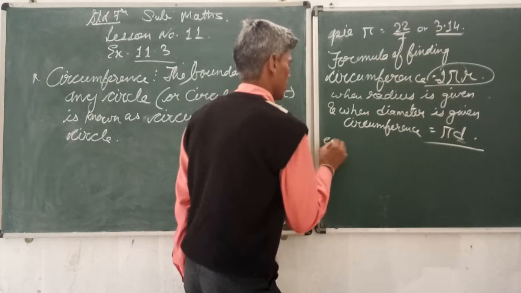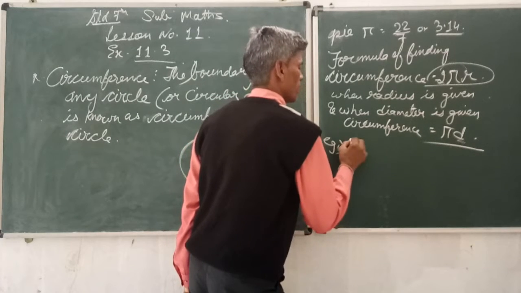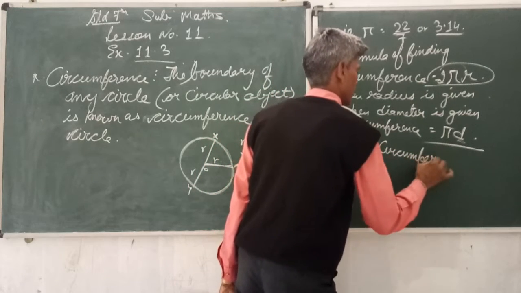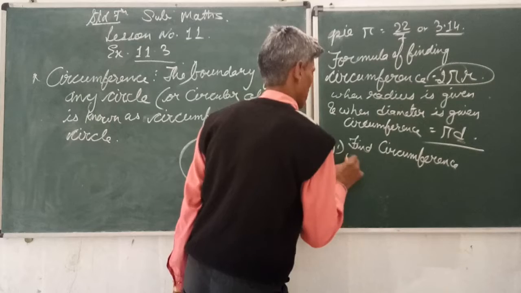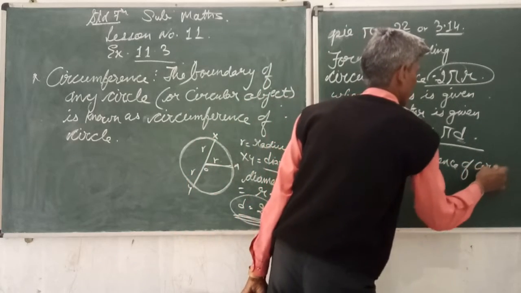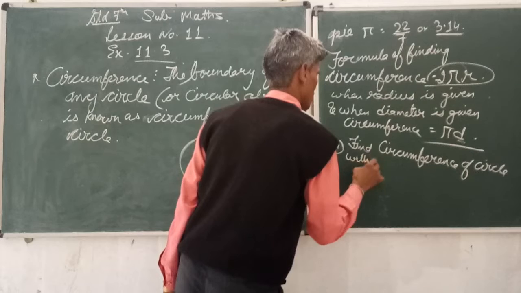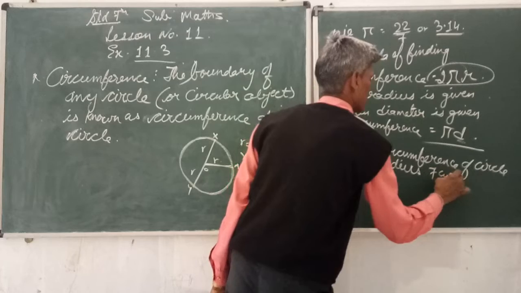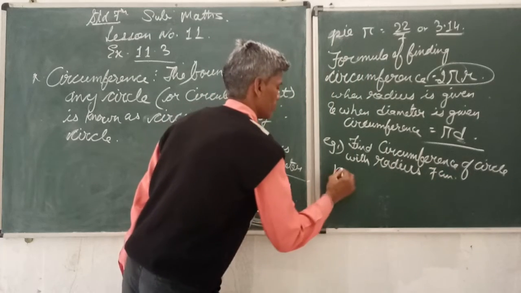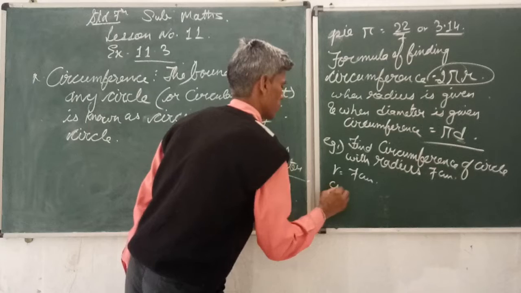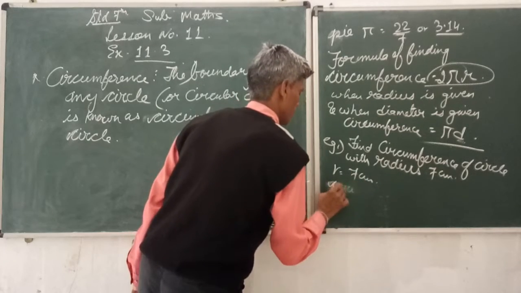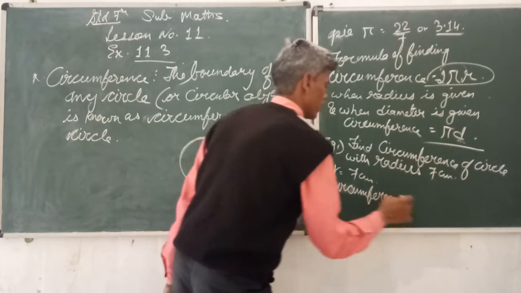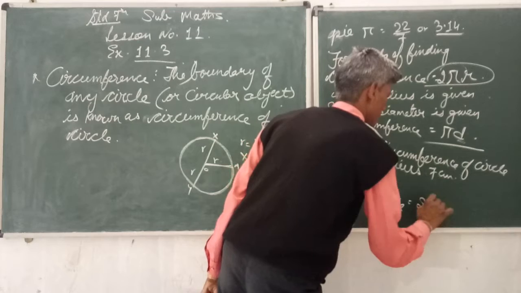Explaining with example. Example 1: find the circumference of a circle with radius 7 cm. R is 7 cm. Circumference is 2 pi r.